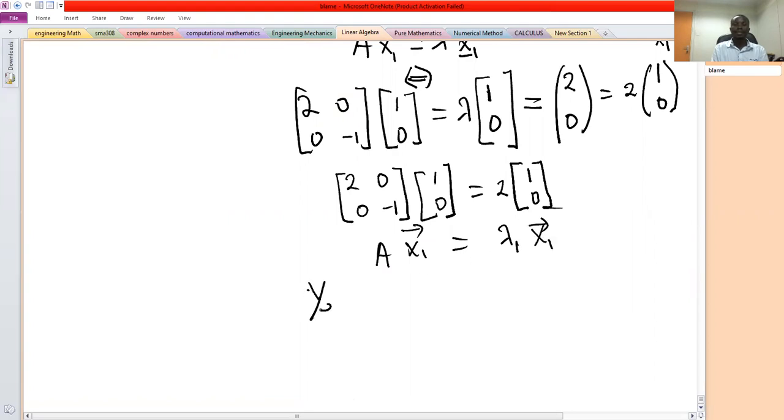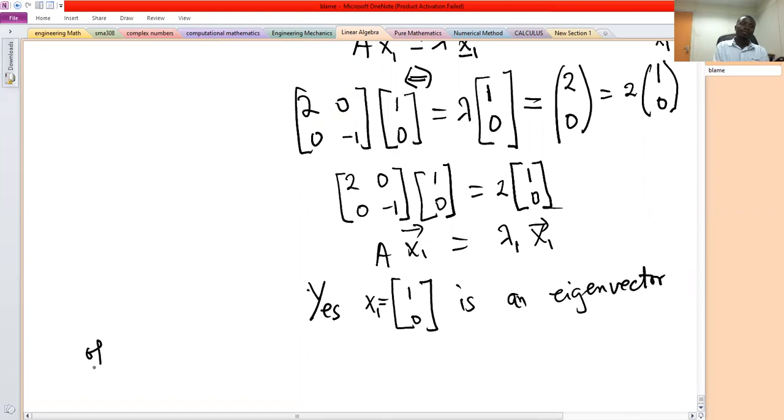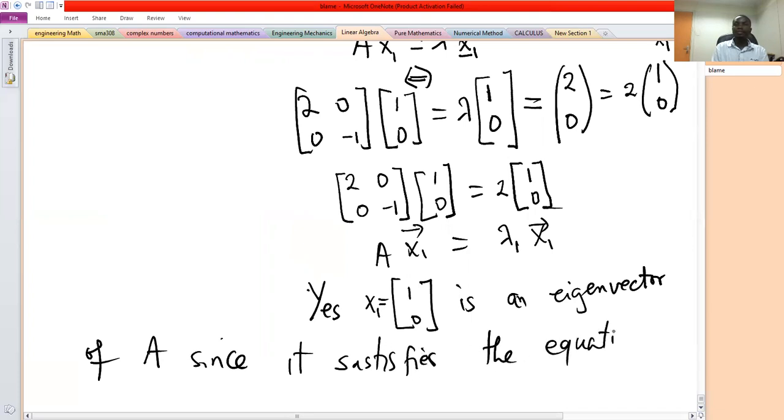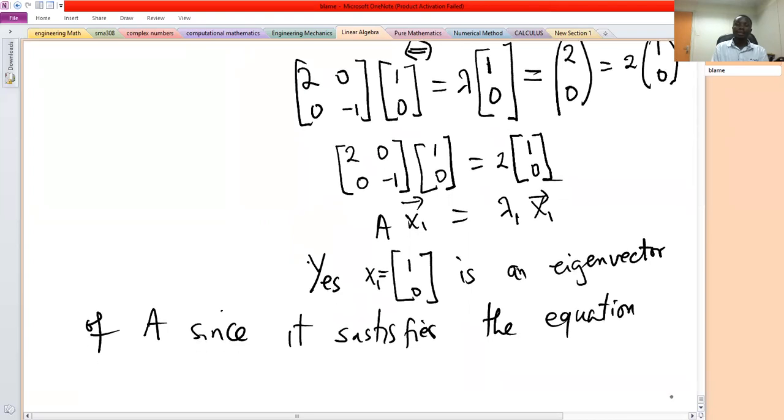So yes, x1 equals 1, 0 is an eigenvector of A, since it satisfies the equation A x1 equals lambda 1 x1, and lambda 1 is 2.